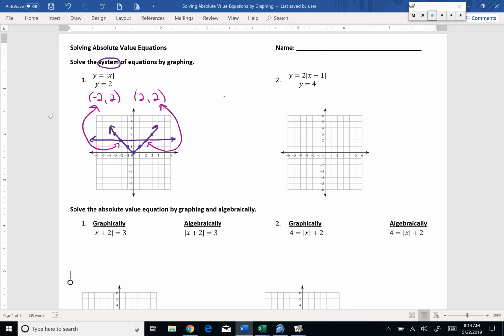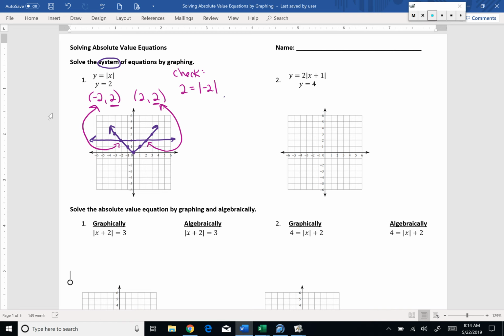We can check our solutions, same as we always have. The second equation we really don't need to check because it's just y equals 2, and that's what we have in both of ours. For that top equation, though, when we check, 2 goes in for y, negative 2 goes in for x.